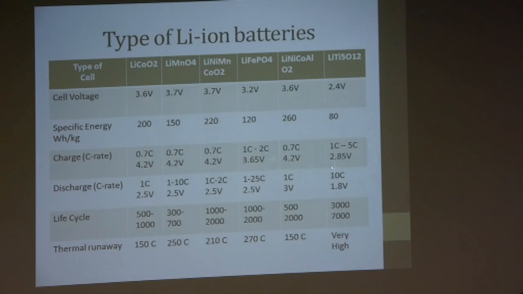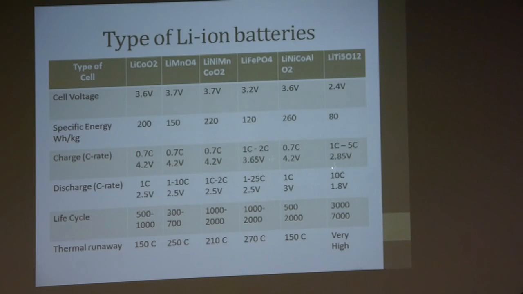And if you look at these different ones, they have different cell voltages, right? Lithium iron phosphate is only 3.2 volts, where the other one is 3.6, 3.7. So these are sort of more your phone battery types. And now you understand the specific energy, what I talked about before, right?